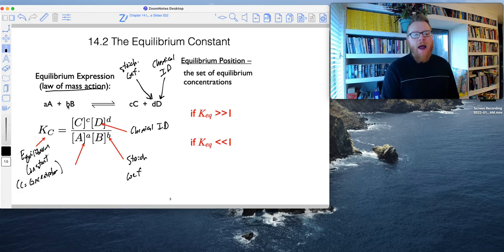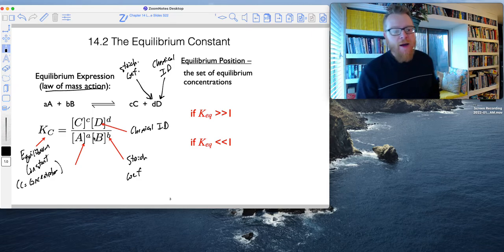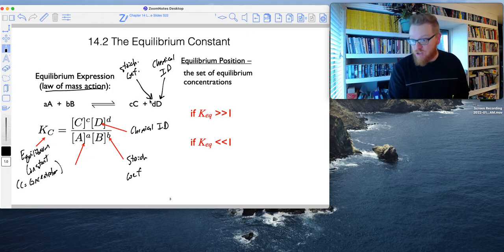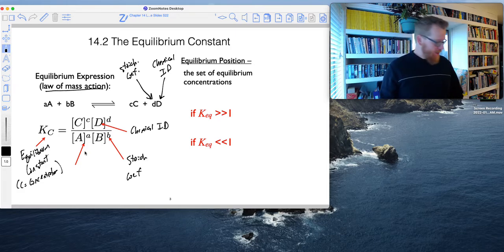And in our balanced reaction, when we write the equilibrium expression, you might notice we're writing it as products divided by reactants. The products are multiplied, the reactants are multiplied, products on top, reactants on bottom, and we take that balanced stoichiometric coefficient and raise it to the power.